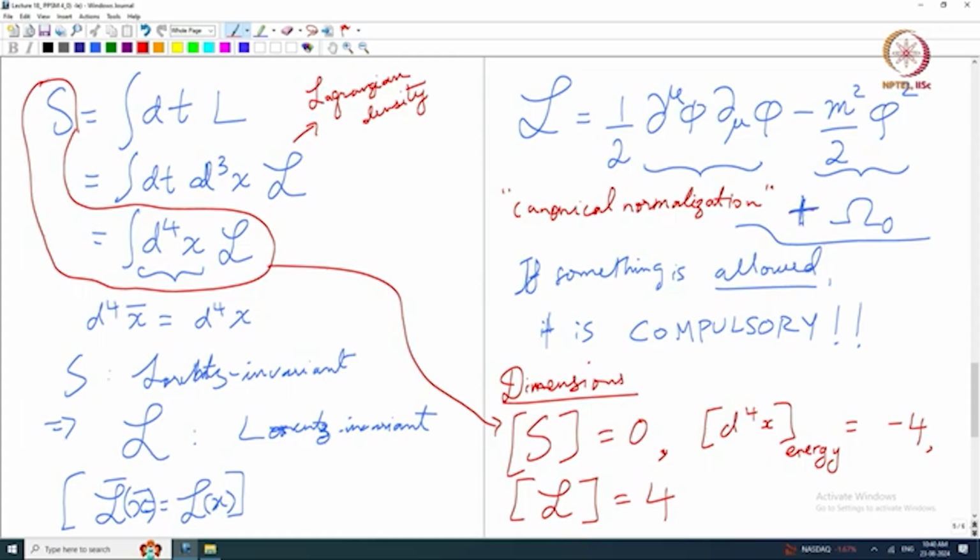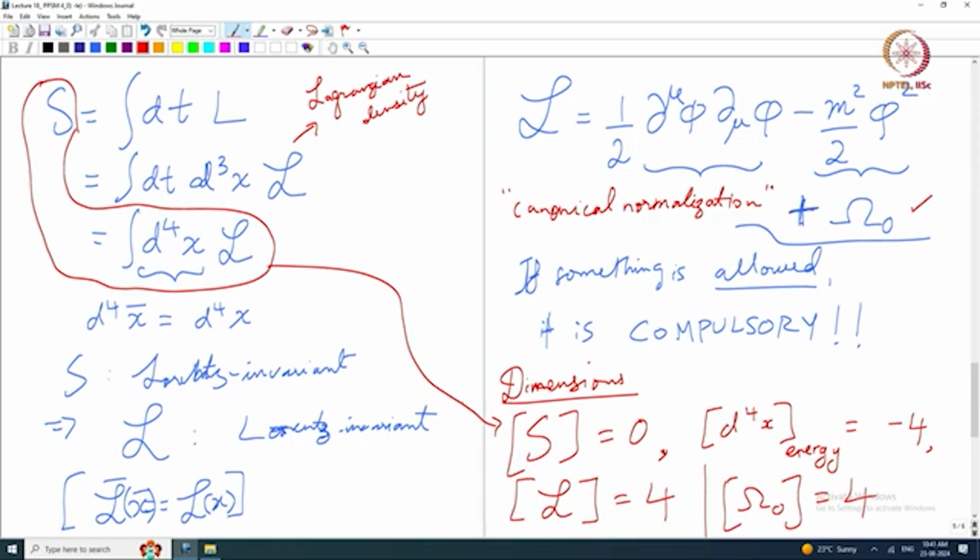Now from that, you can answer what is the dimensionality of this omega naught term that I've written, this constant term. Since the Lagrangian density has dimensionality of 4, it means omega naught also has a dimensionality of 4, correct?